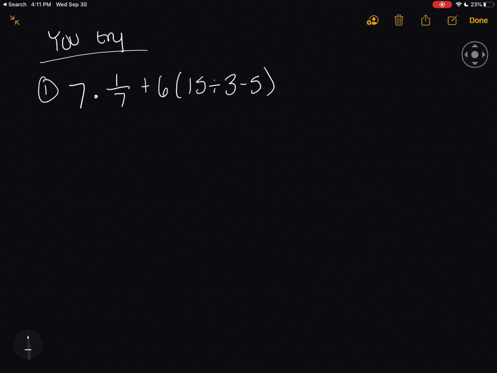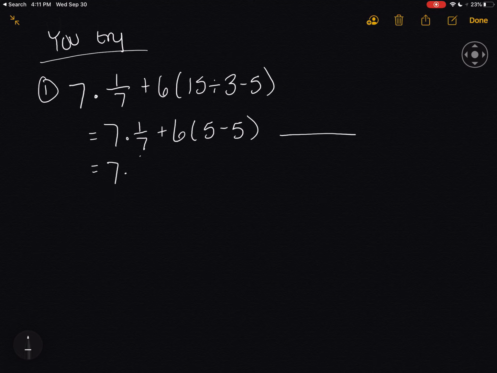I'm going to go through the steps. So that changes to 7 times 1 over 7 plus 6, 5 minus 5. You're going to tell me what goes there. And then 7 times 1 over 7 plus 6 times 0. Tell me what happened there. And you can just list them in a comma-separated list. That would be fine.